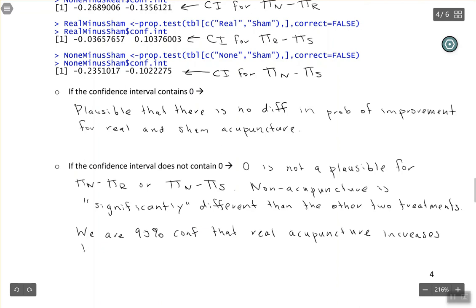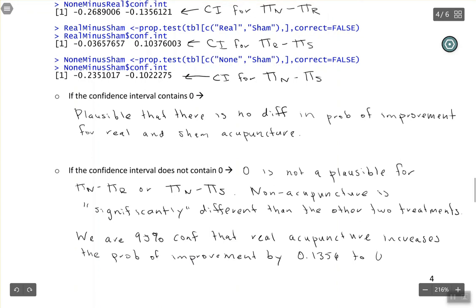I'm putting this in context: the fact that this difference is negative for pi n minus pi r means it increases the probability of improvement by 0.1356 to 0.2689, compared to non-acupuncture treatment.